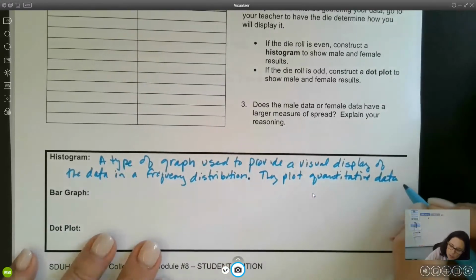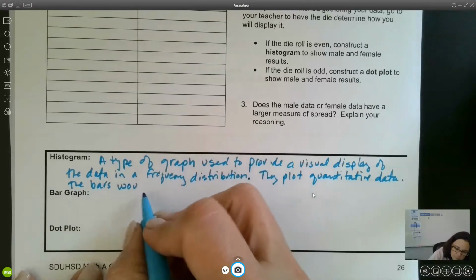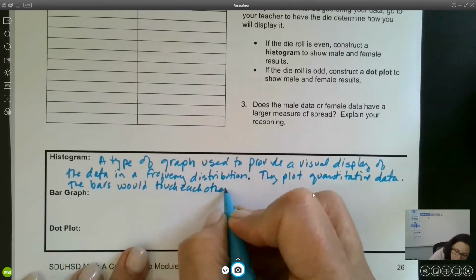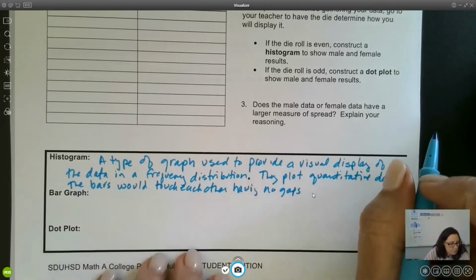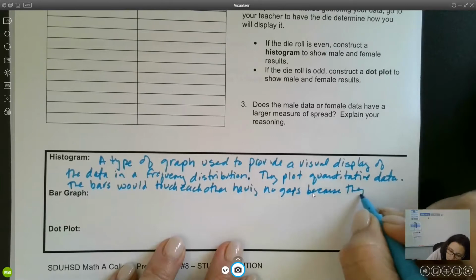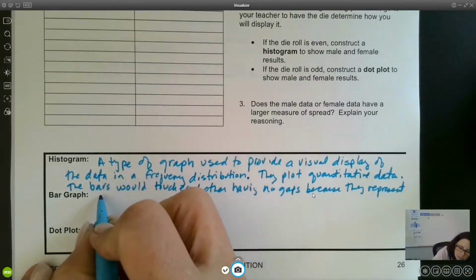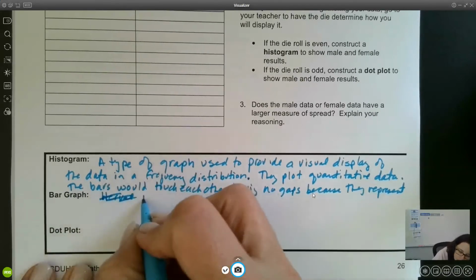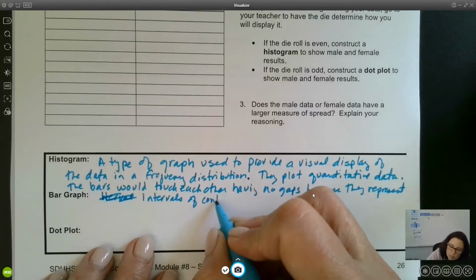The bars would touch each other, having no gaps, because they represent intervals of continuous numbers. Sorry guys, I forgot the N in intervals.